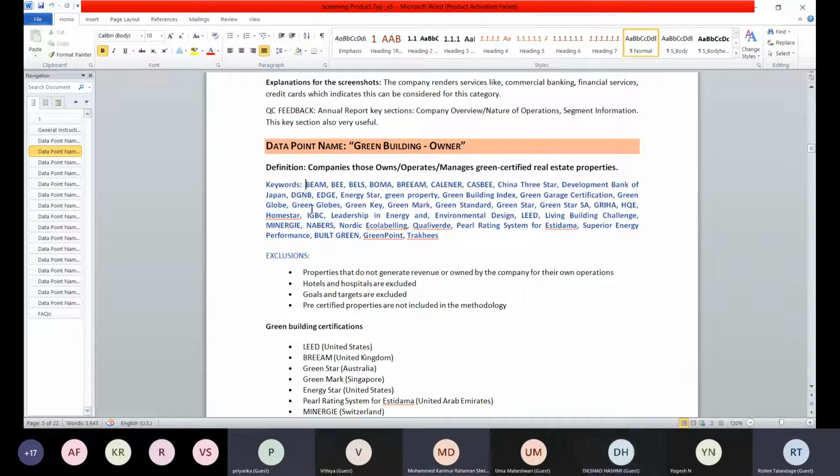One second. If that company is LEED certified or BREEAM certified, we can say that they are green building owners. Ma'am, how will we know that a particular company has green buildings, the ownership? Yes, I will explain that too. One minute.